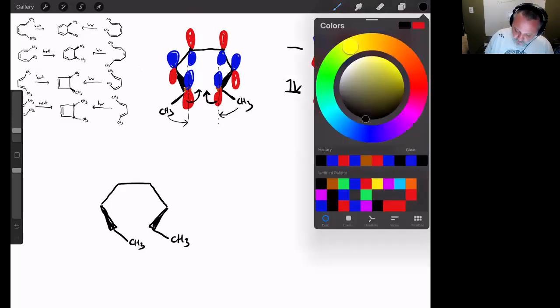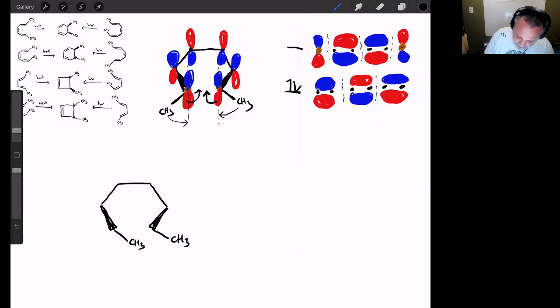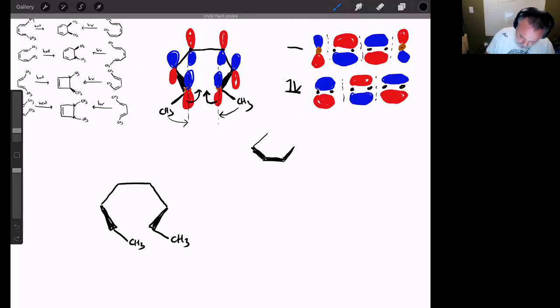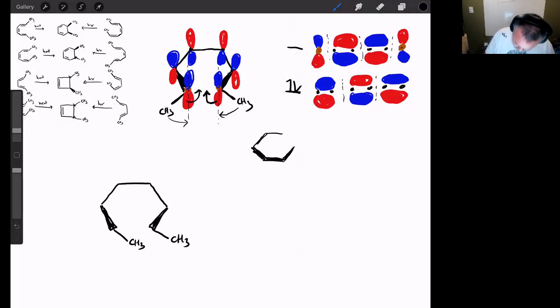So now when I draw the structure as it is, when the ring is closed, I'll draw this bond out now specifically. So we're left with a double bond here and a double bond here. Well, what happened to the two CH3 groups? Well, they're pointing in the same direction.